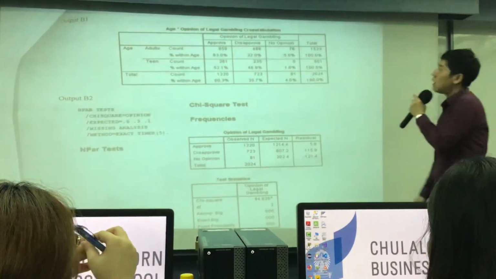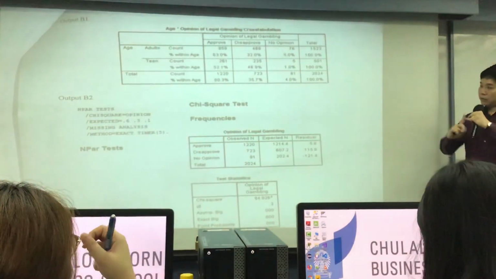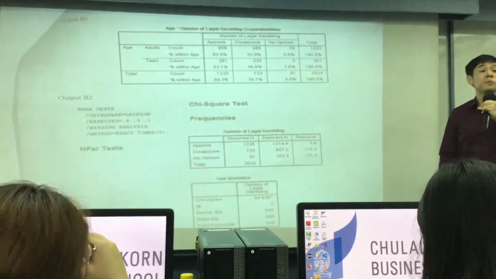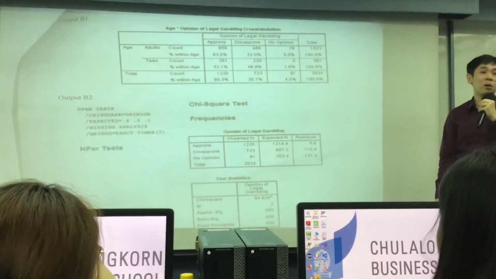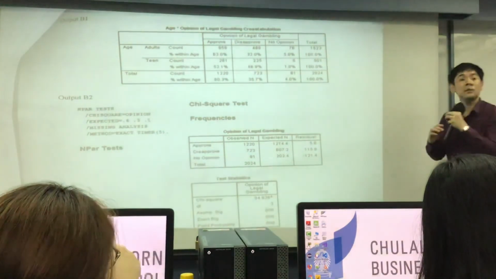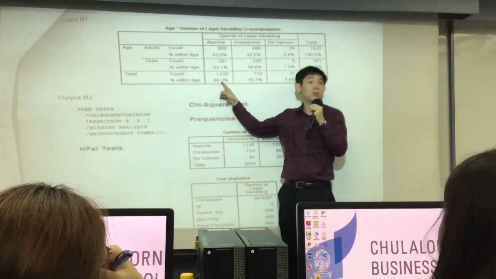What kind of numbers do you have to talk about? 60%, 30%, and 10%, right? So what part of this table do we have to talk about? The total percentage. This one. You compare this one to 60%.